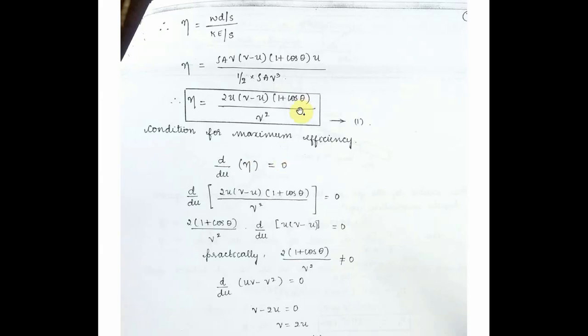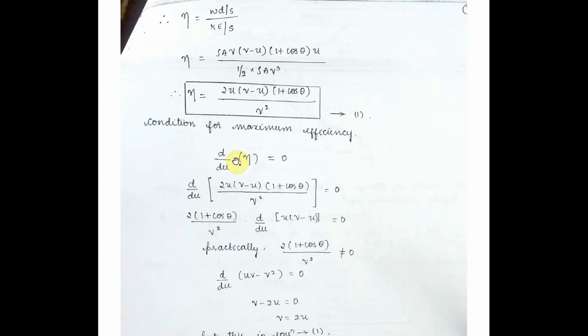So this equation I will call 1, and the condition for maximum efficiency is d by dU of efficiency eta equal to 0. So you have to differentiate the above equation.